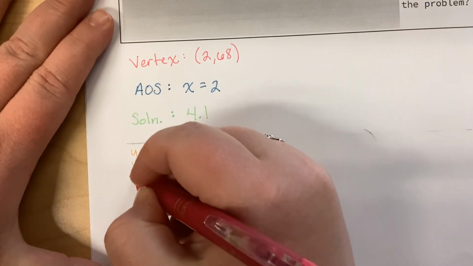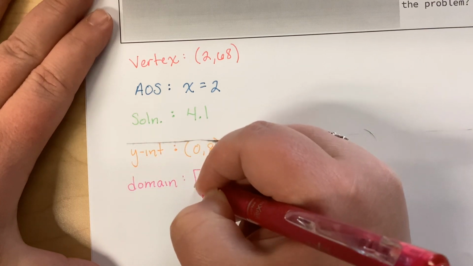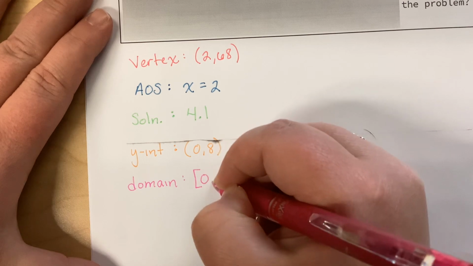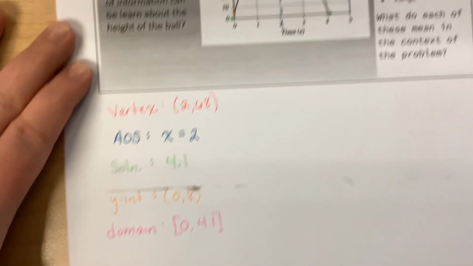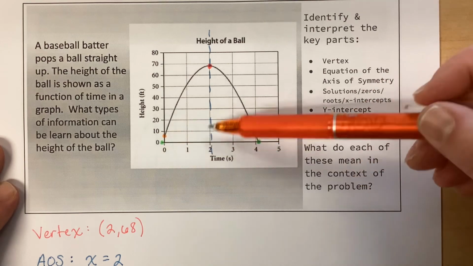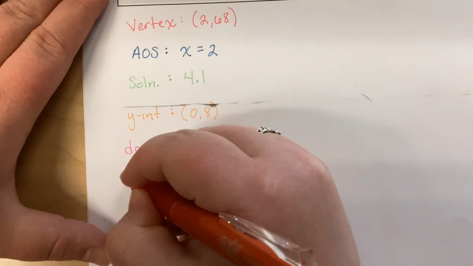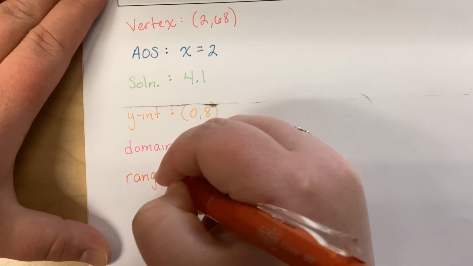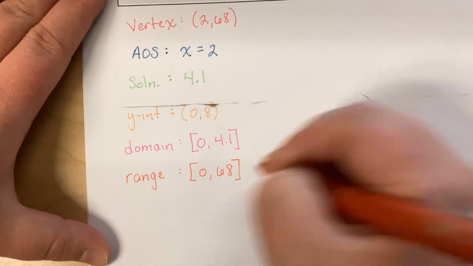So my domain this time is going to have brackets on both sides because it's inclusive. And then the range is something similar here. So the bottom is going to be here at a height of 0, and it goes all the way up to our vertex, which we said was 68. So the range is from 0 to 68.